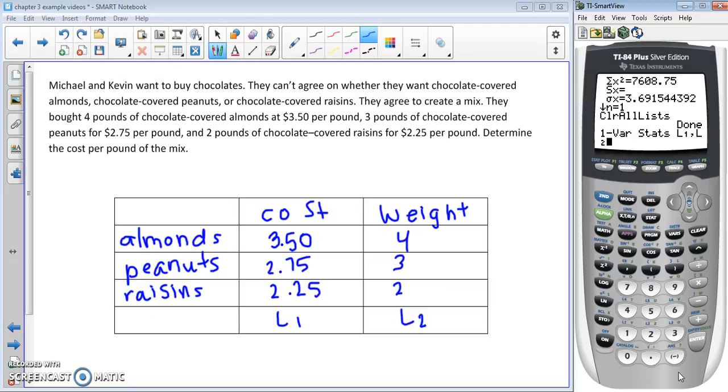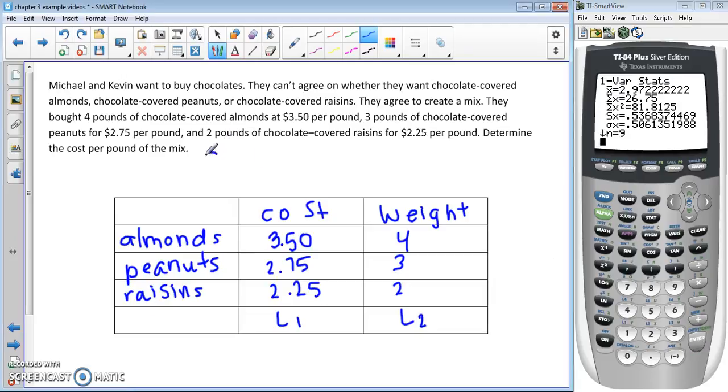Again, if you have the menu, your list should be L1 and your frequency list should be L2. And then I'm going to hit enter, and we're looking for the mean. So the cost per pound of the mix is going to be $2.97 if we round there. So you can do weighted average the same way that you do group data in the calculator.